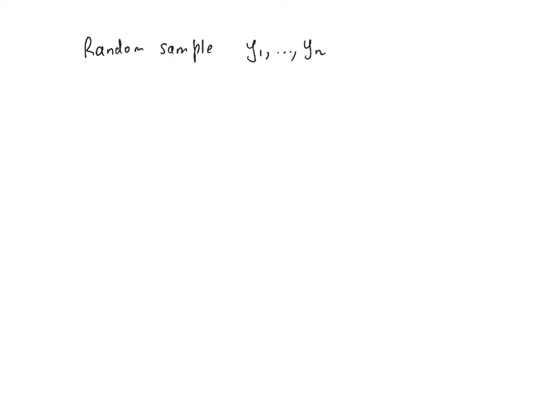We're going to assume that this random sample comes from a particular statistical model. Our statistical model is going to be based on the normal distribution with location parameter mu, in fact the mean mu, and spread variance sigma squared.